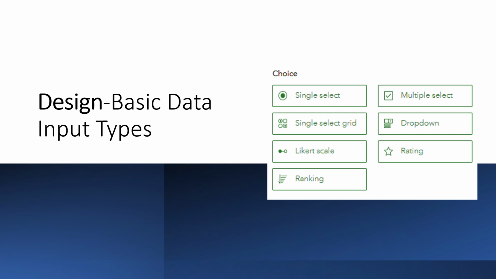So the first basic data input type in the choice section is single select. You design the options and the user is only able to select one of the options. You can allow other as an option as well, where the user can type a different response than the ones that are listed. Single select items will always be dots, while multiple select will be boxes.